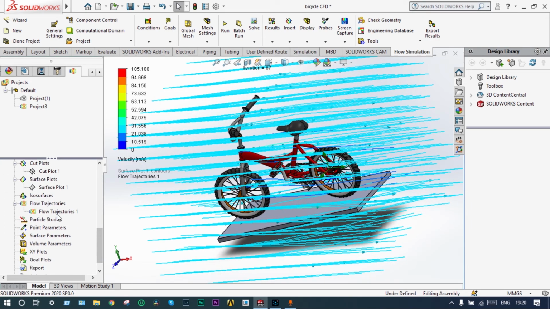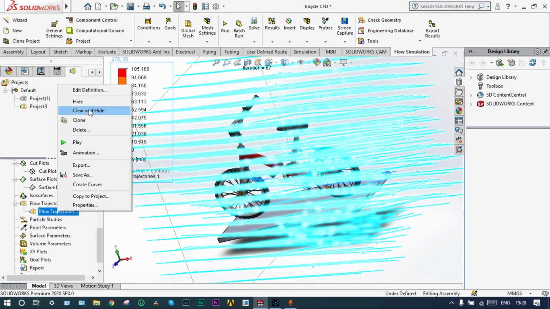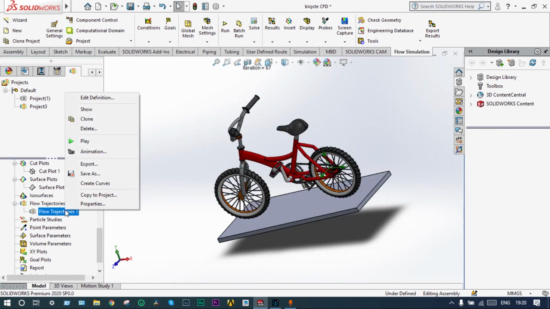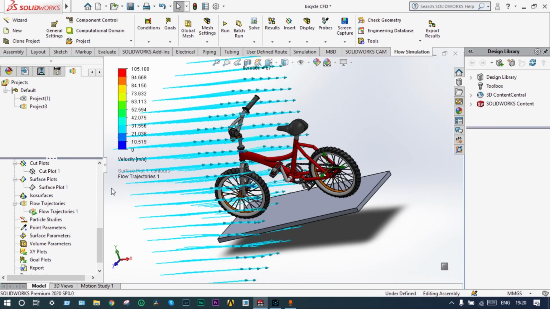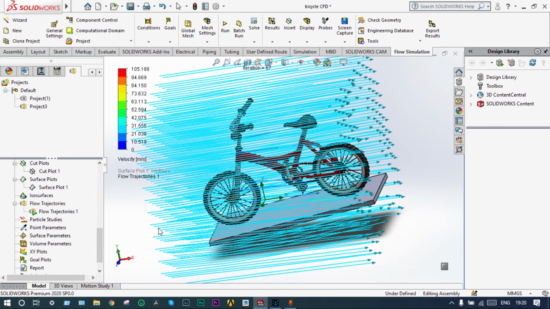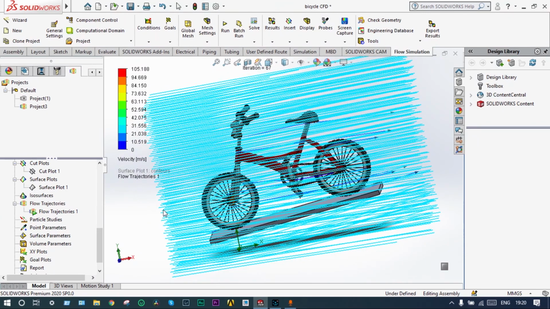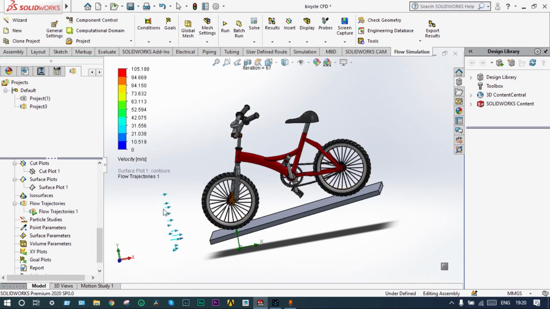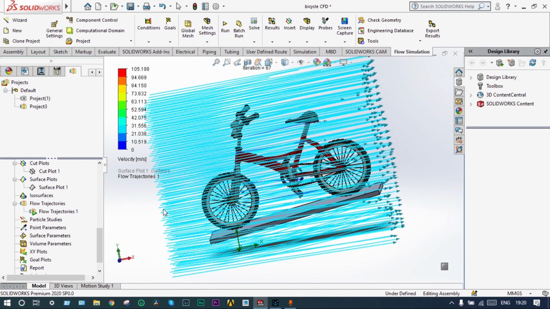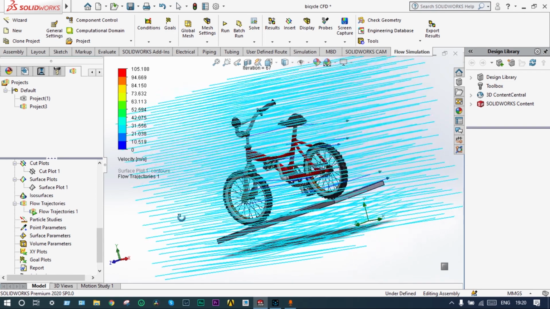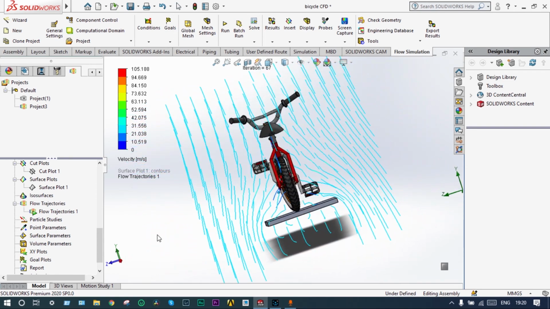First of all, we'll clear and hide this part. Flow trajectories, play. You can see from the back side also.